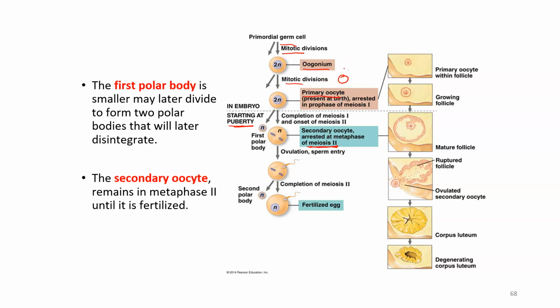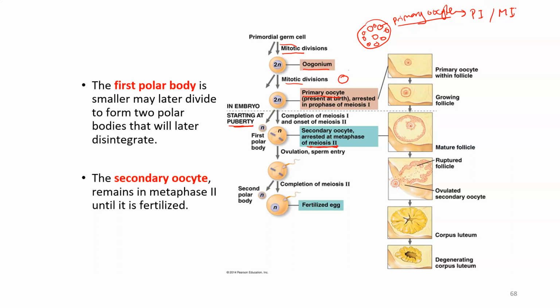So bila baby tu dah dilahirkan sampai sebelum dia reach puberty, the ovary contains follicles, and all the follicles in the ovary of the female contain only a primary oocyte. Primary oocyte ni dia akan stop pada prophase 1 of meiosis 1.